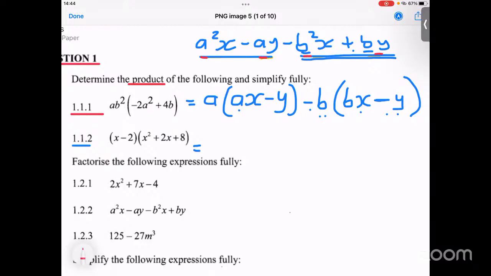So the question now is, was this the only way in which the common factor can be taken out?